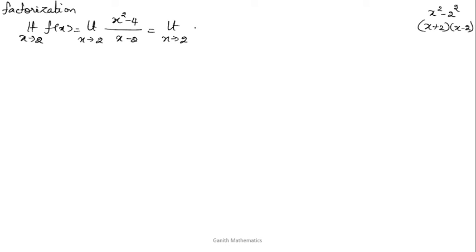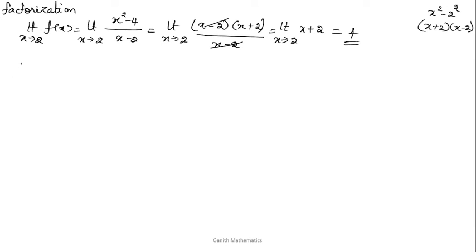So I can write this as x minus 2 into x plus 2, and the denominator will be x minus 2. So this will get cancelled. You will get limit x tends to 2 of x plus 2. If x tends to 2, you put x is equal to 2, you will get 4. You will get the same answer. So this is the method of factorization. This will work only if you know the algebraic formulas.